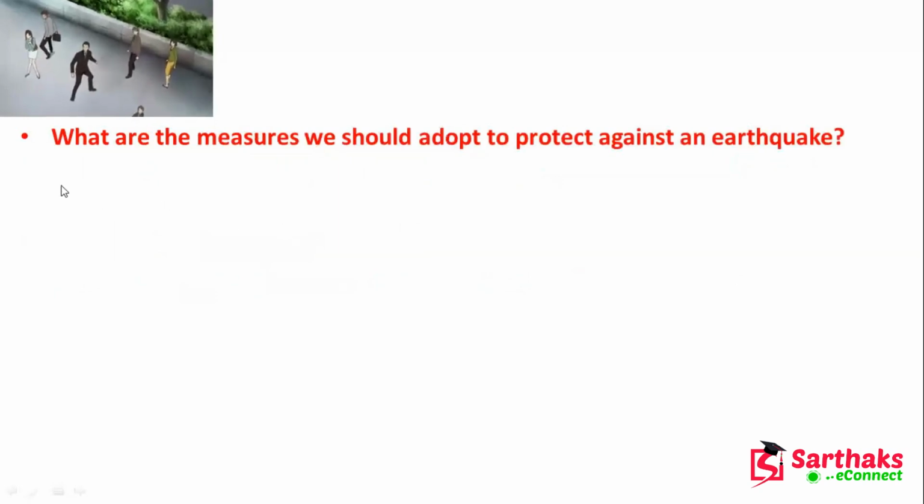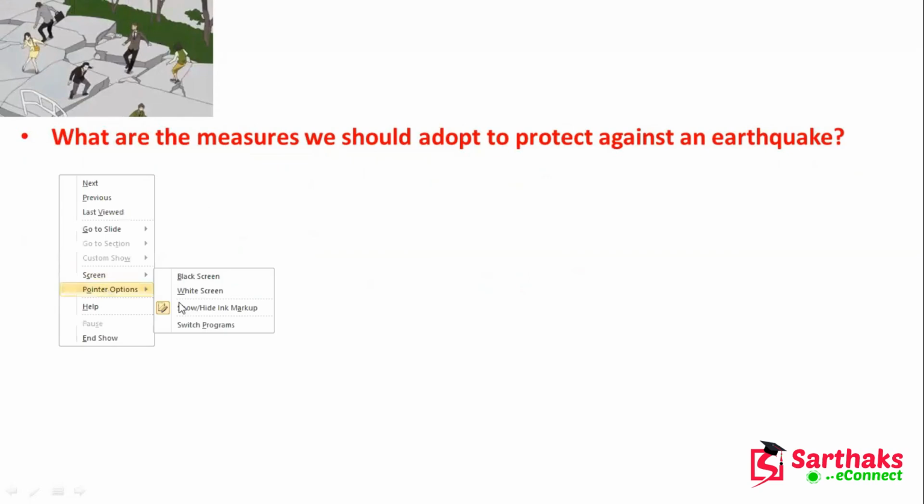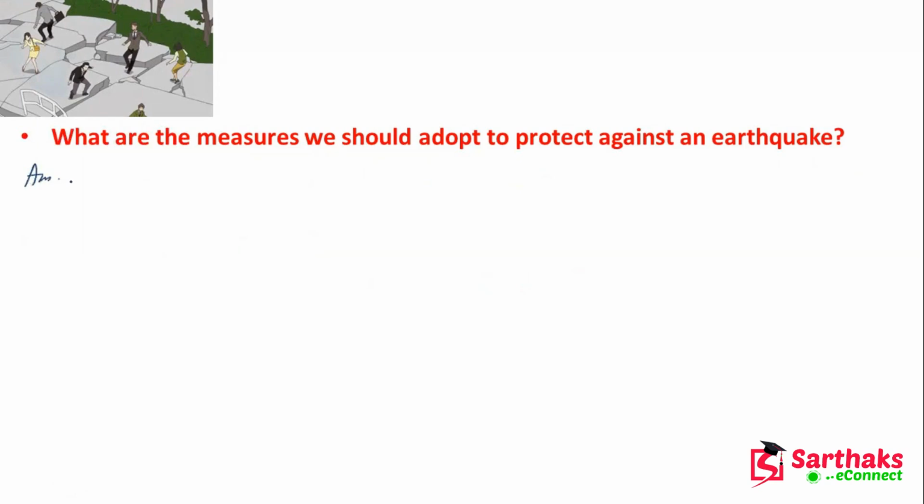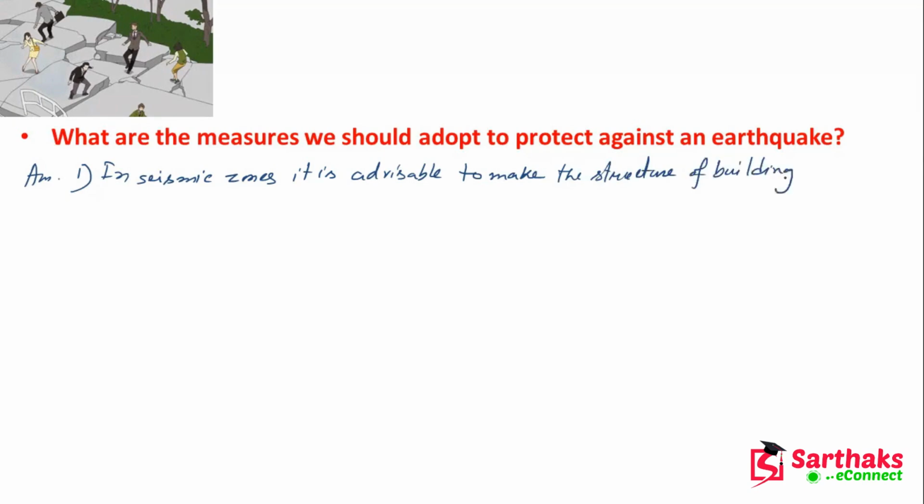What are the measures we should adopt to protect against earthquakes? The necessary measures in seismic zones: it is advisable to make the structure of buildings simple so that it is quake safe.